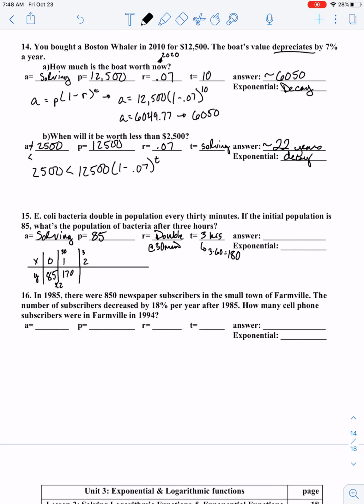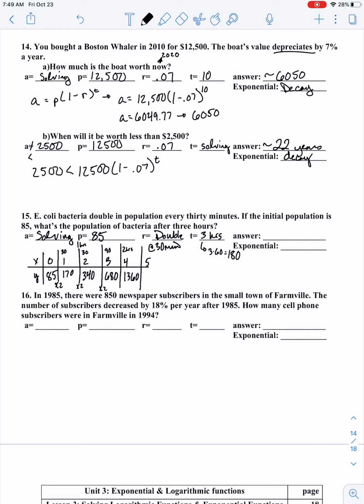After two 30-minute sessions, I'm at 1 hour. And again, I'm still multiplying it times 2, so it becomes 340. After 3 sessions, it's been 90 minutes. And I'm going to do this all the way until I get to 180. Multiply it times 2, 680. After 4, it's been 2 hours. That's 1360.